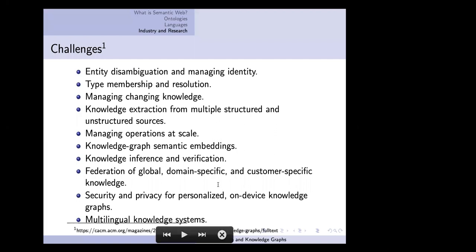Then federation of specific domains, how to integrate domains into a larger or global scope. Also some security and privacy topics that we're looking at, and multilingual knowledge systems to be able to span knowledge graphs that are defined in different languages from different countries.